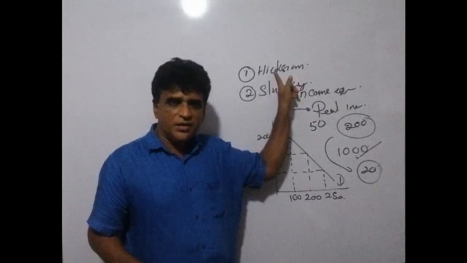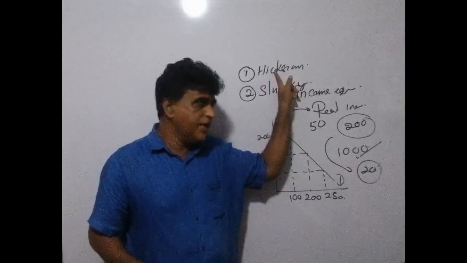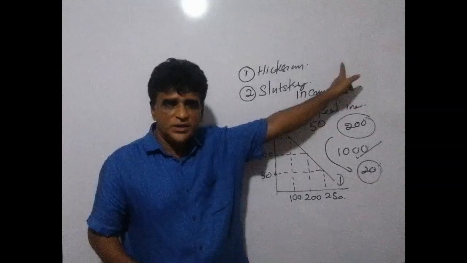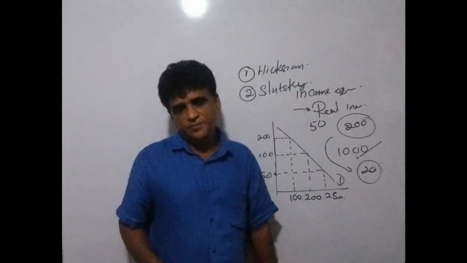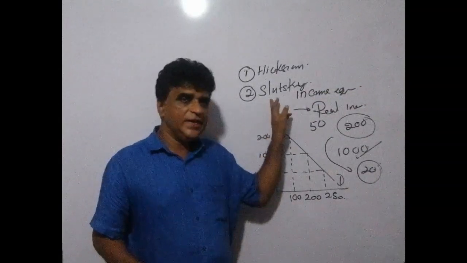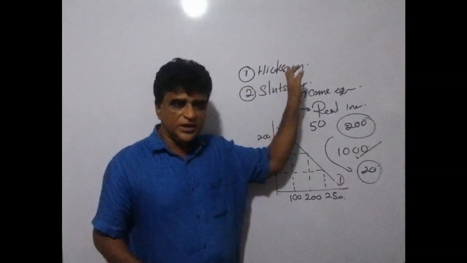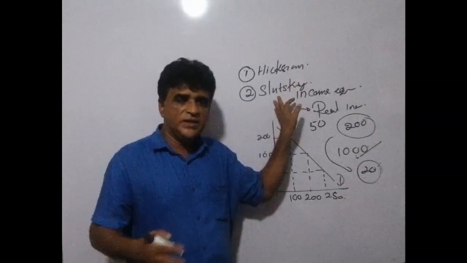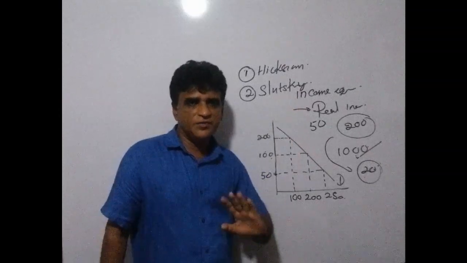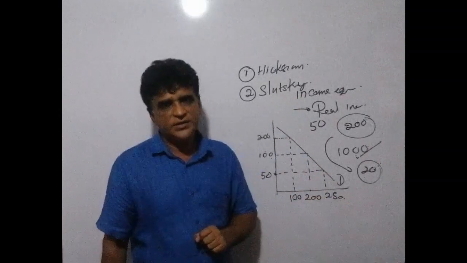Hicks, if you can remember, is the one who introduced indifference curve theory. Slutsky uses indifference curve theory to further explain what is the substitution effect and what is the income effect.